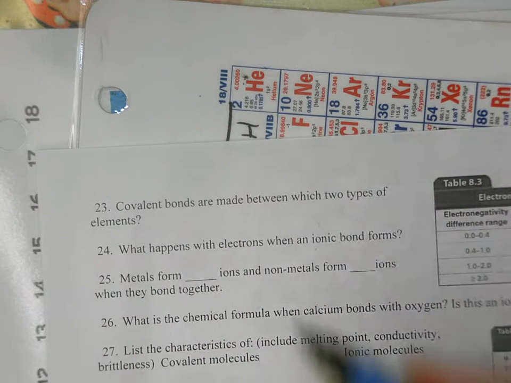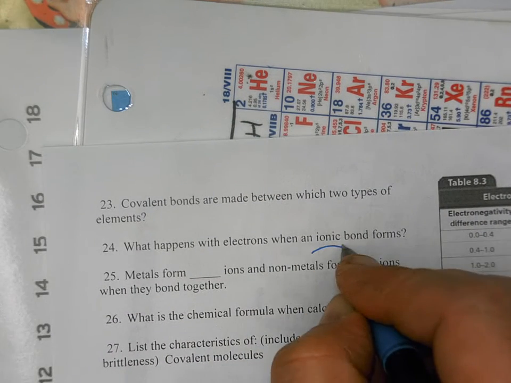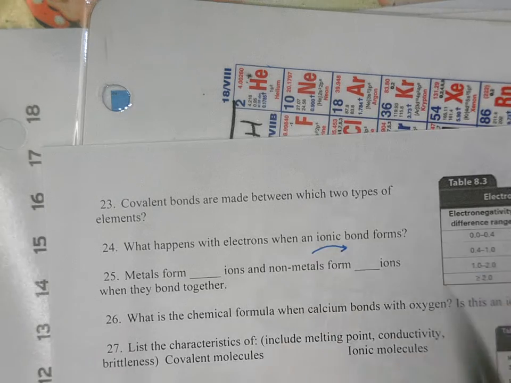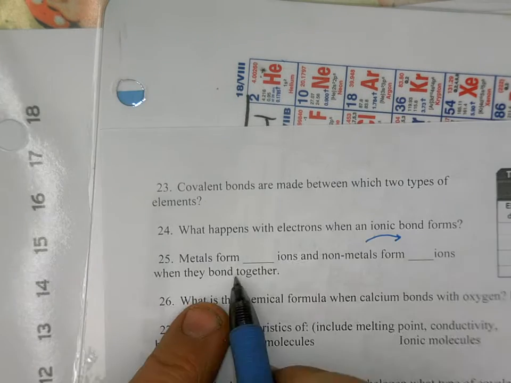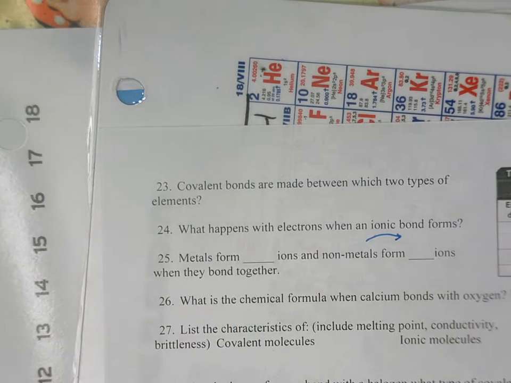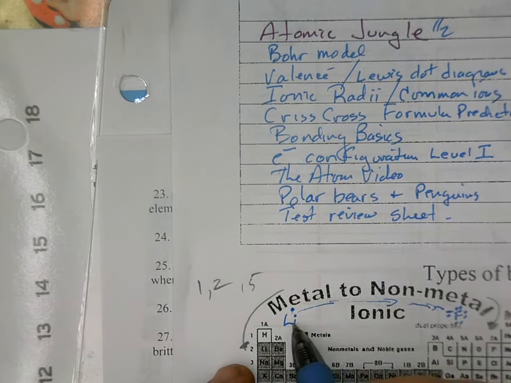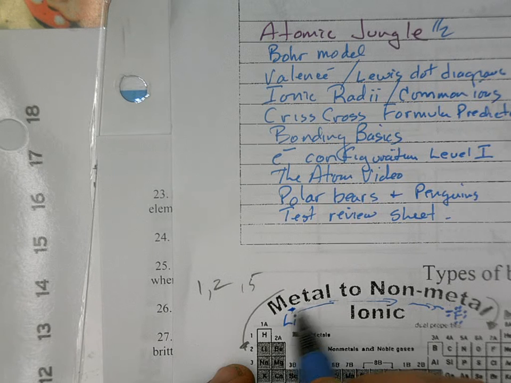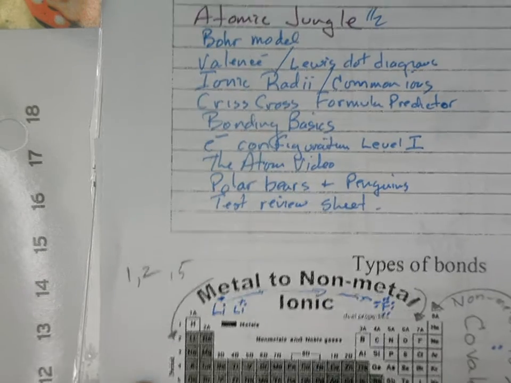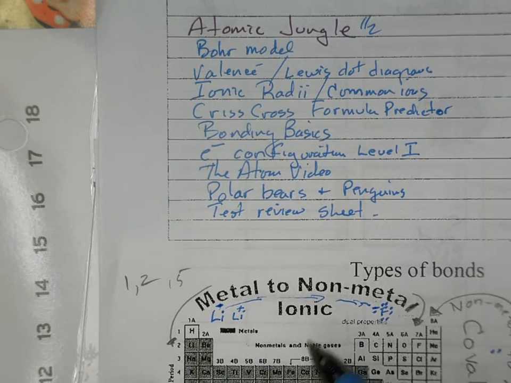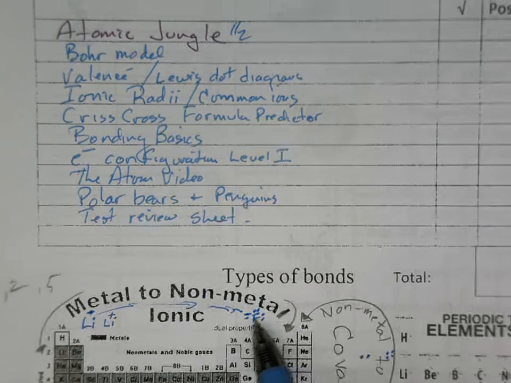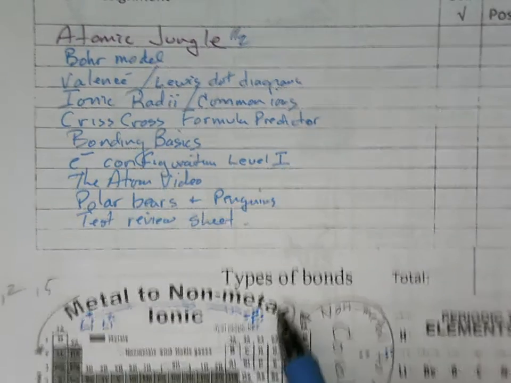So electrons are given and thrown away from another. Metals form, okay, well, just like we talked about here on this cover here, metals will always form. When they throw away that negative charged electron, they become a positive ion. Every metal, all of these dark ones, when they ionize, they become a positive ion, and the nonmetals become negative ions.